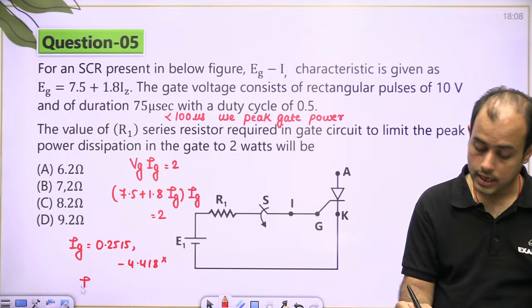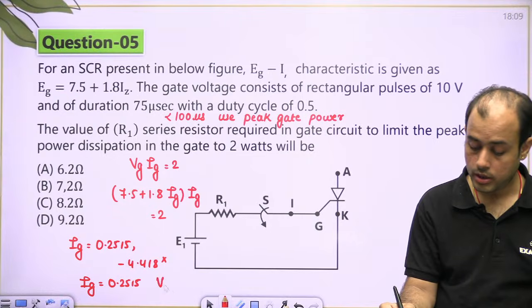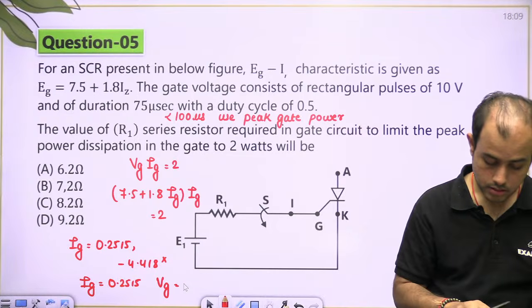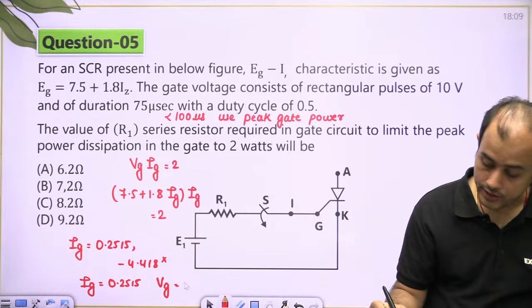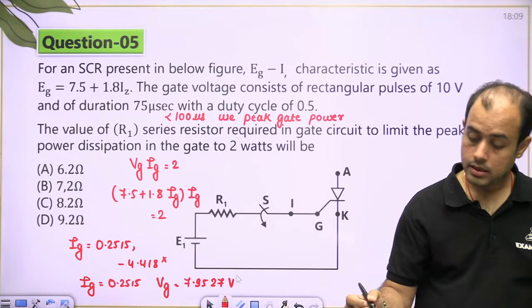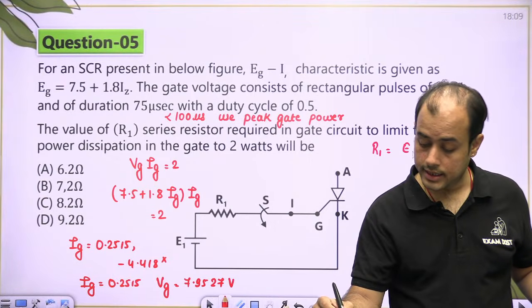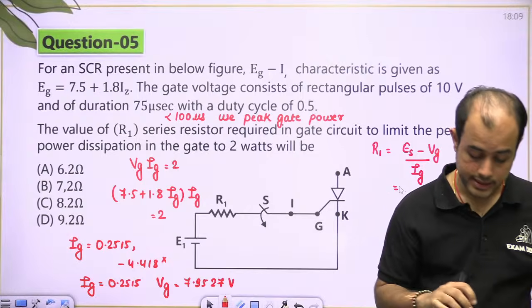So when I know IG is 0.2515, what is VG? 7.9527. Now, what is R1? It is the ES minus VG by IG. The supply voltage is 10.